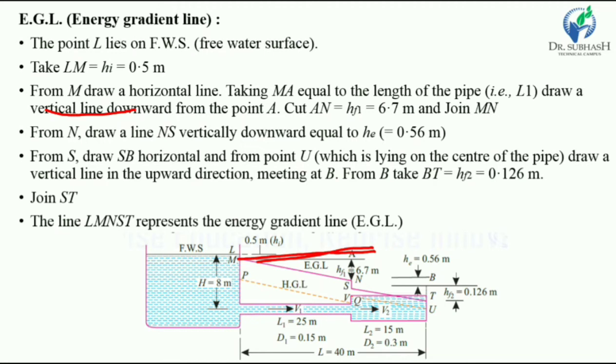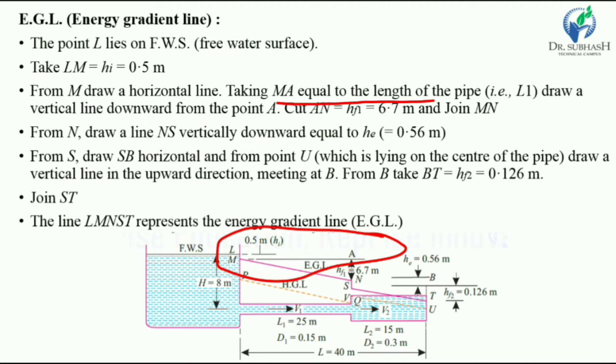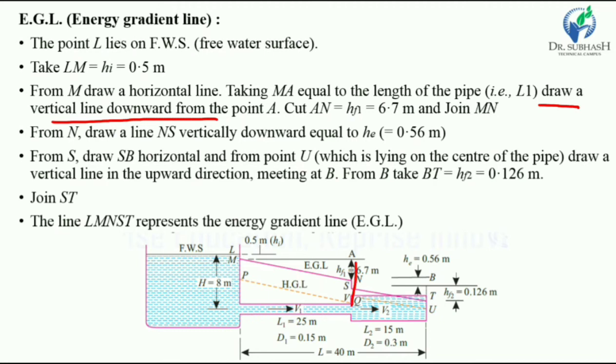As shown in the figure, it is equal to the length of pipe section 1, L1. Now draw a vertical line downward from point A, by how much? By HF1. What is HF1? It is the head loss due to friction at section 1 of the pipe, which is 6.7 meter.